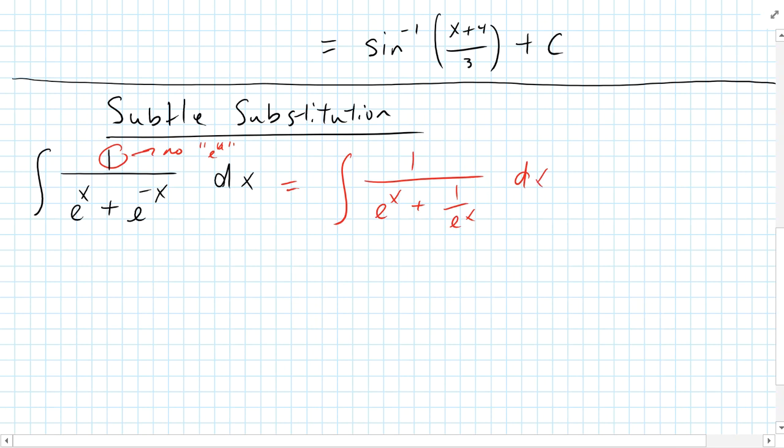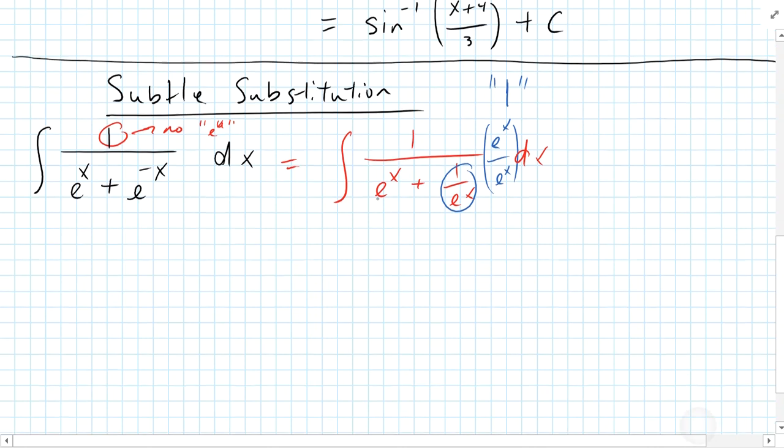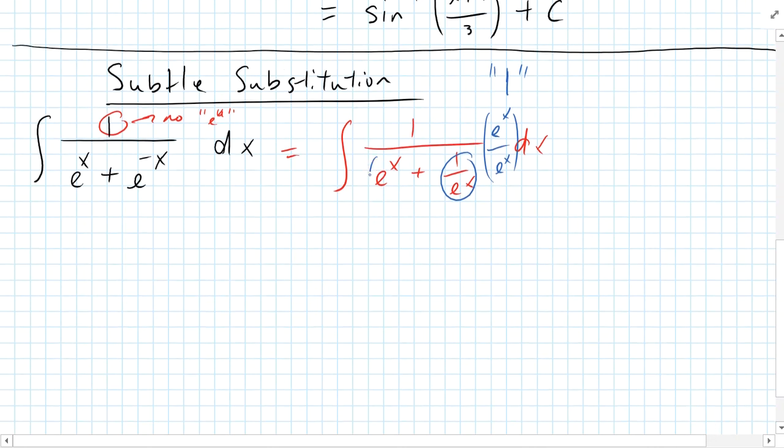I would really like to not have a fraction within a fraction, so what we're going to do is multiply the top and bottom by e to the x to clear out that fraction there. This is the one I'm having trouble with, so I'm going to clear that out by multiplying. It's just 1, my favorite number other than zeros. Remember, this is a parentheses, so you're going to have to distribute it times each term.